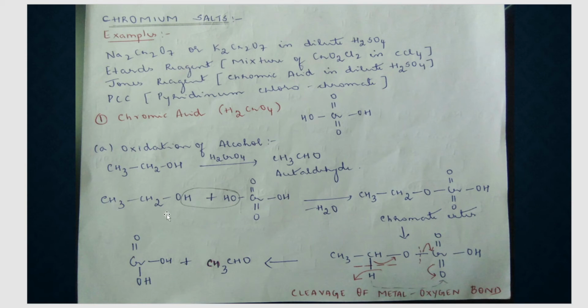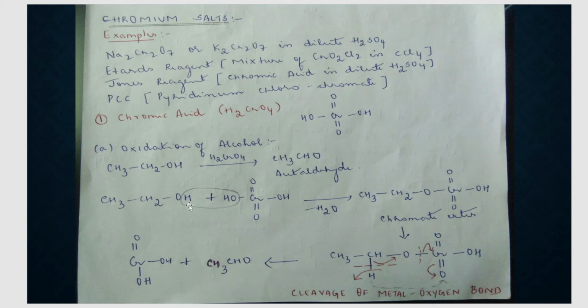So here I have written our ethanol and this is chromic acid. There is simply an elimination of water. Here you can see one H plus, or proton, from the ethanol comes out and OH minus from the chromic acid comes out and leaves as water, H2O. So what is the charge on oxygen here?